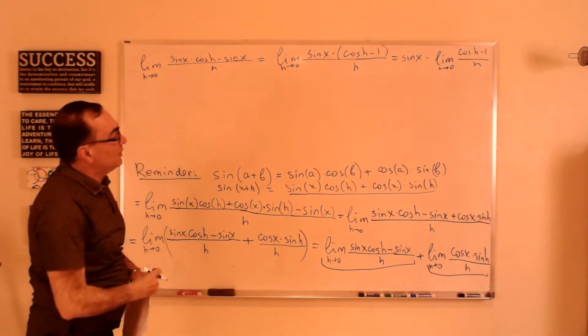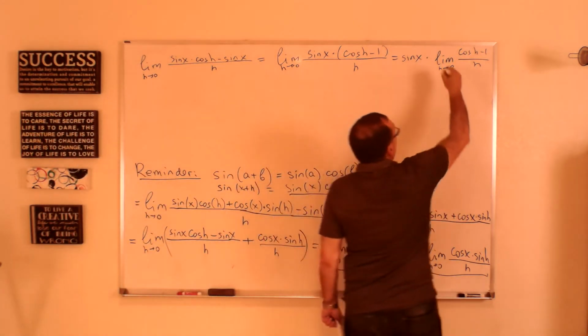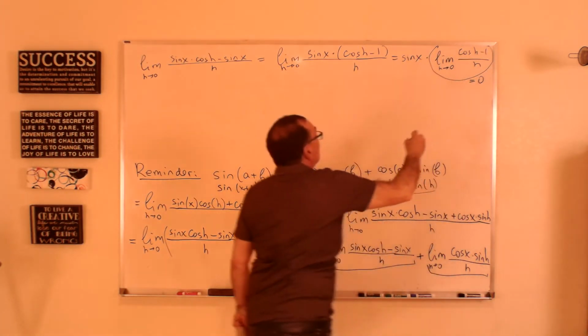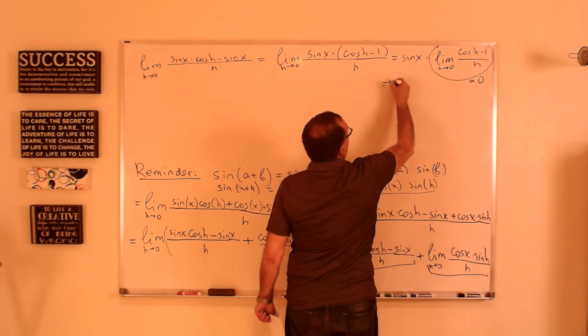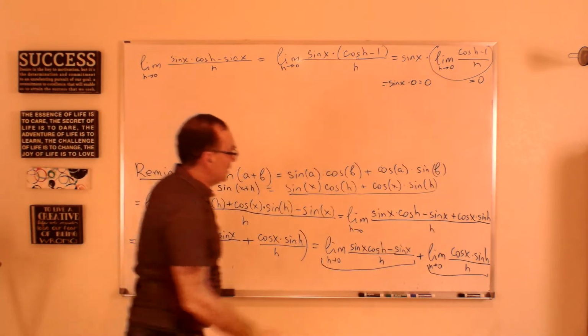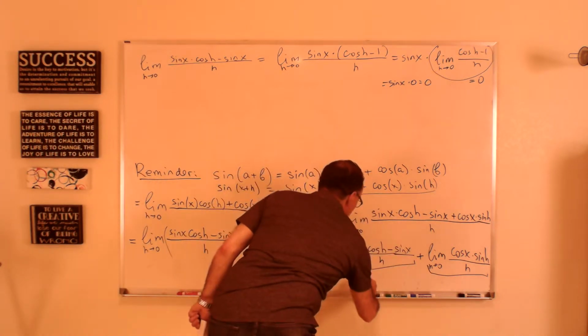Now this second limit we can calculate numerically, and this second limit actually equals 0. So the final answer is sine x times 0, which is just 0. So what I'm saying is that this first entire limit equals 0.